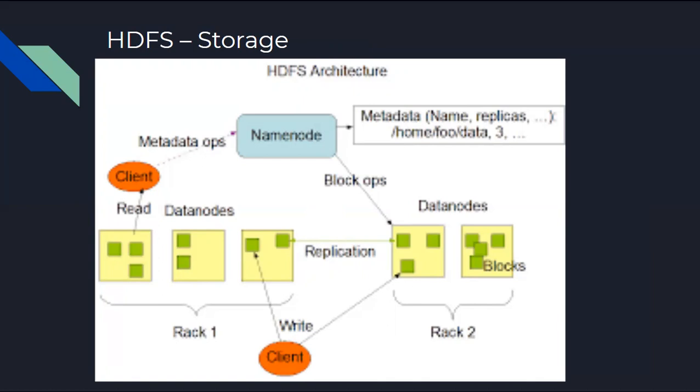What is the path to the data? How many replicas, etc. Right. So the name node contains all this information. And then you also have something called data nodes. Data nodes is where the data is actually stored. If you see here, there are multiple data nodes in rack 1, and then rack 2 is what we need to talk about.